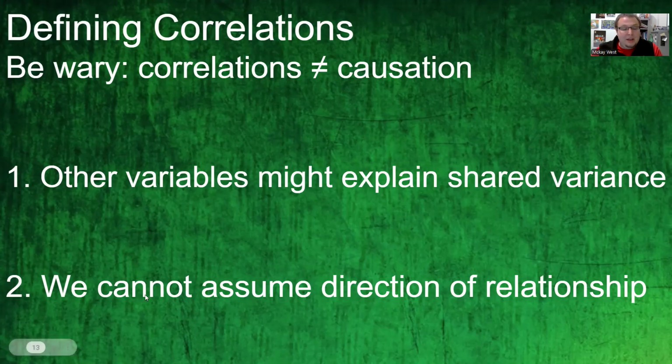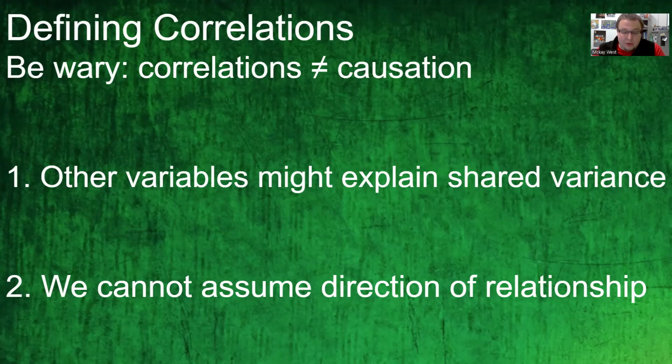Number two is even if there is causation, which we can't assume with our numbers alone, but even if there is causation, the way the statistic is calculated, the R, we don't and can't assume that we know which direction is causing the other. Okay, it might theoretically make sense to assume that one would be leading to the other, but mathematically, statistically, we don't actually get that assumption from the data.